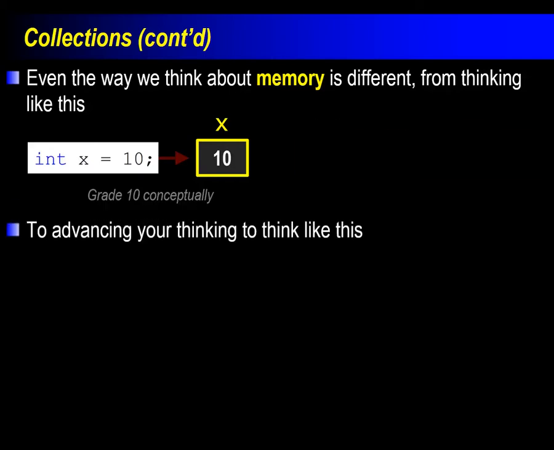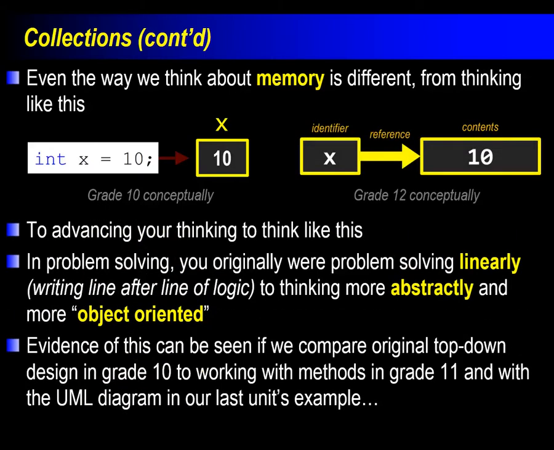But in the last unit I said, no, wait a minute, there's more to it than that. There's the contents of the variable and the identifier name, and there's a reference from one to the other. That's what the memory actually does, okay? So this is not something you'd look at with a grade 10 mindset. This is a grade 12 mindset at looking at memory, okay?